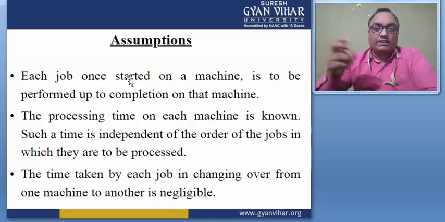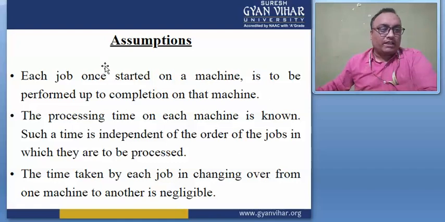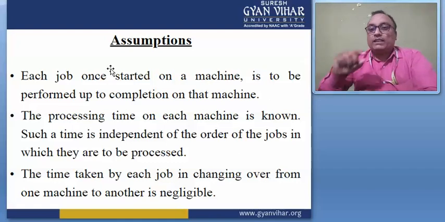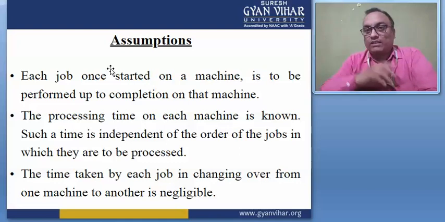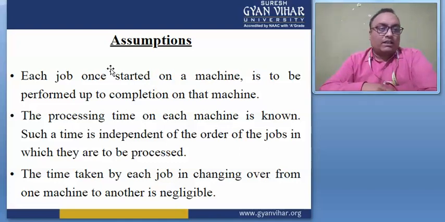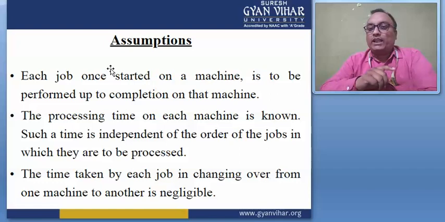This is the first assumption. For the second, the processing time on each machine is known, and this is independent of the order of jobs in which they are to be completed. And the time taken by each job changing over from one machine to another machine is negligible.